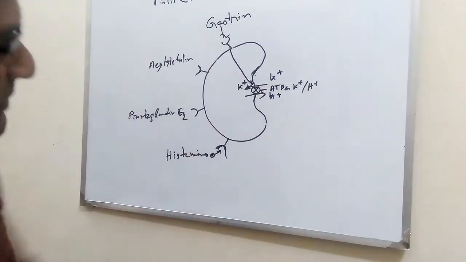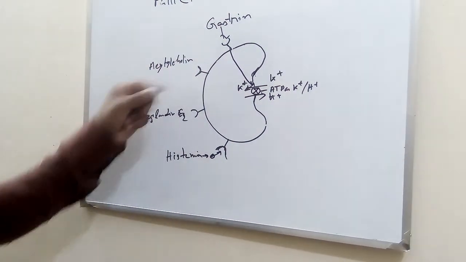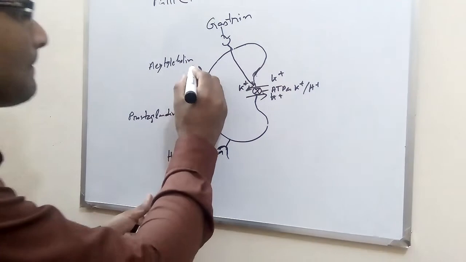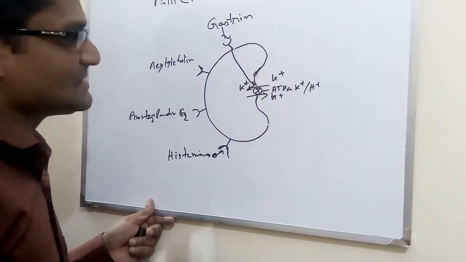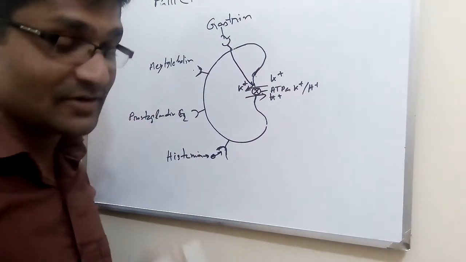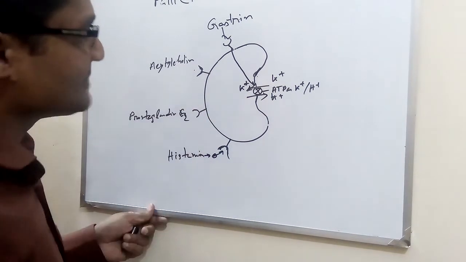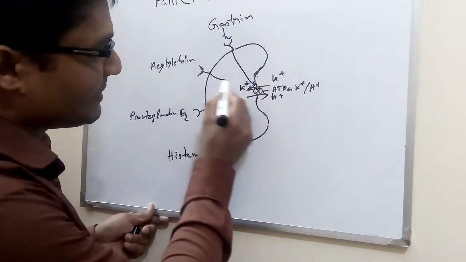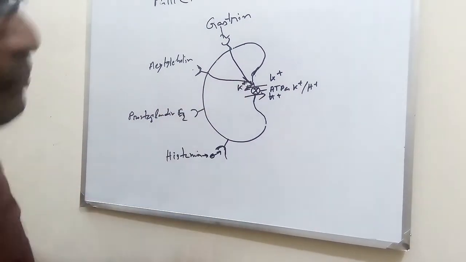So hydrochloric acid is secreted. And here when the acetylcholine binds with the acetylcholine receptor, acetylcholine is a neurotransmitter regulated from the vagal nerve. So when the acetylcholine binds with its receptor, that activates the proton pump.